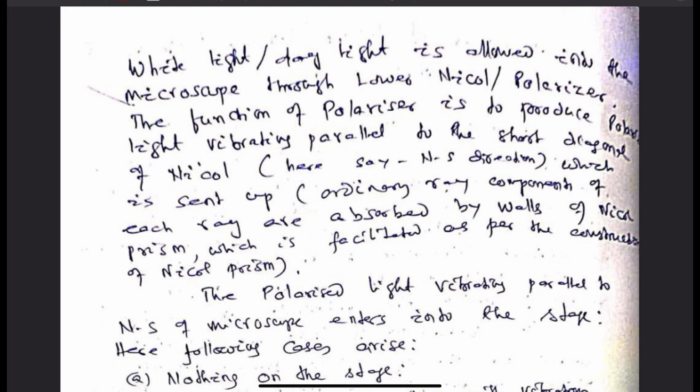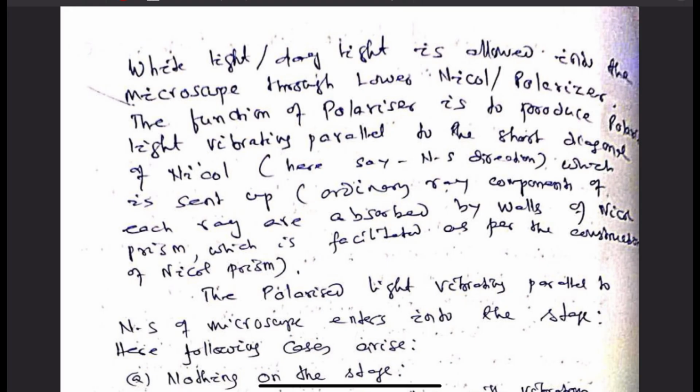In simple microscopes, generally daylight is used to study the optical characters of rocks and minerals. But in advanced microscopes, an electrical method is used to provide white light into the microscope.